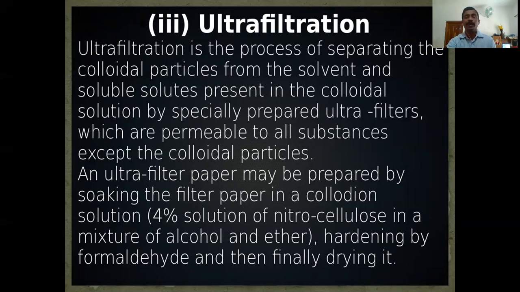This ultrafilter paper is prepared by soaking filter paper in a collodion solution. What is collodion solution? A 4% solution of nitrocellulose in a mixture of alcohol and ether. Then it is hardened by dipping it in formaldehyde and dried.